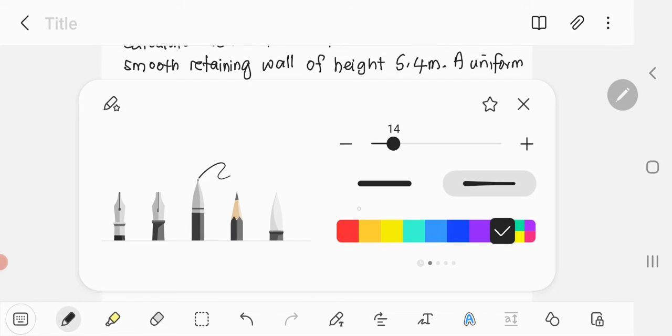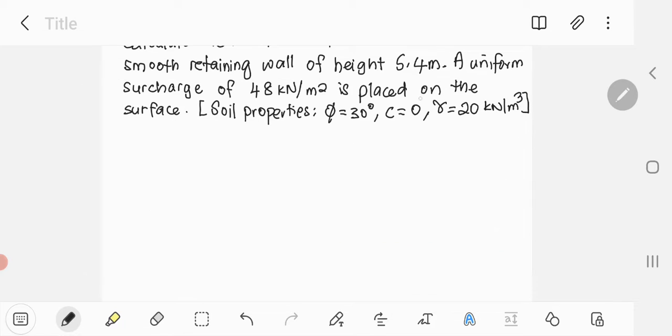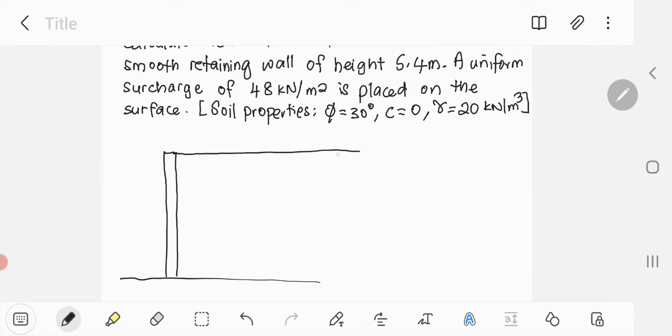Okay, you can start by drawing the retaining wall first, with all the properties and the measurements or dimensions. So that is your retaining wall. At the back of the retaining wall, of course, it is compulsory to have soil behind it.